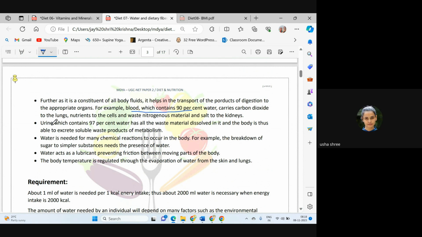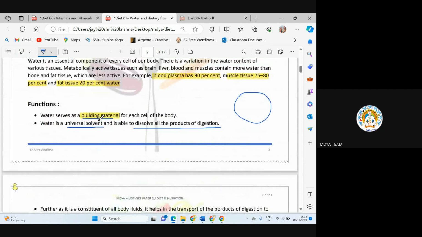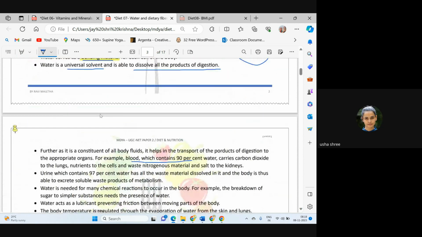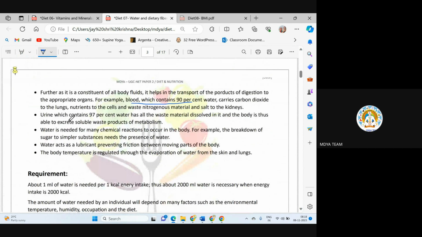Urine contains around 97% water, and it means water is also helping us to flush out waste material from our body.